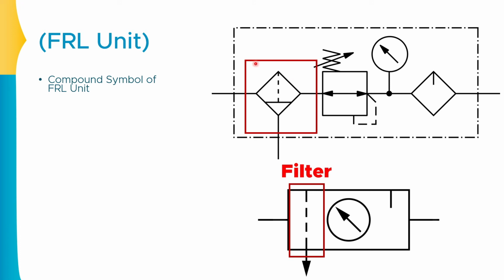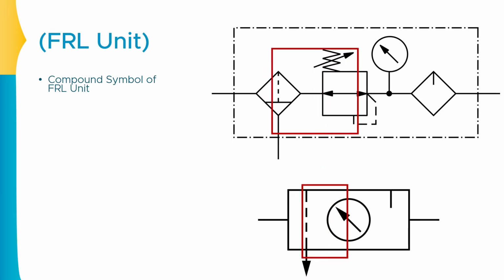And in the detailed representation, this is a conditioning symbol in which we have the vertical dotted line that represents the filtration unit. Second, if you observe the downward arrow, this specifically represents the water trap. So this is a combined symbol of filtration unit and the water trap, isn't it? Now, the same can be represented like this in the simplified way.